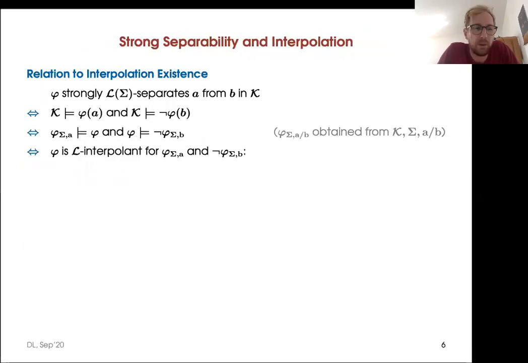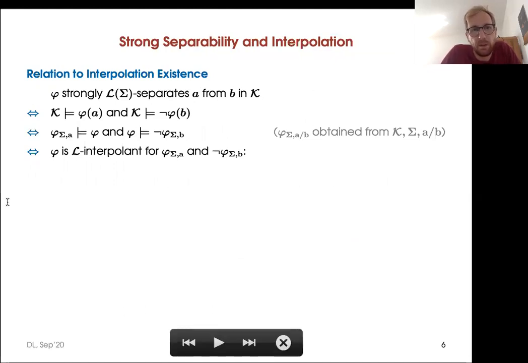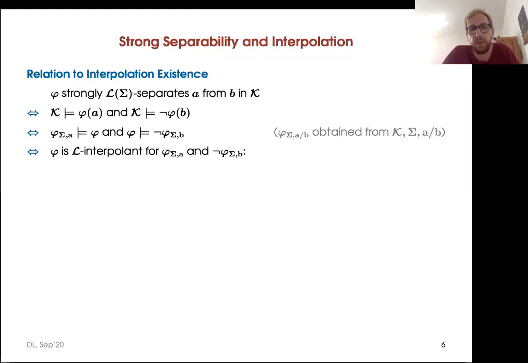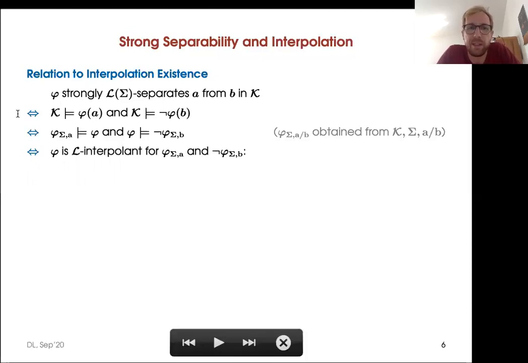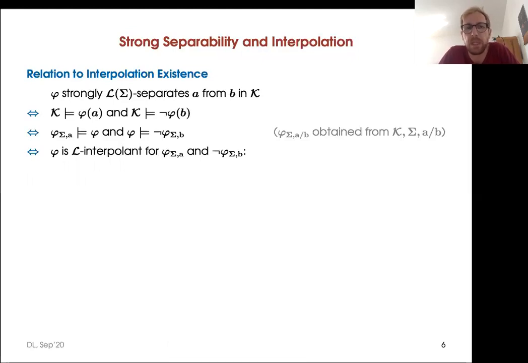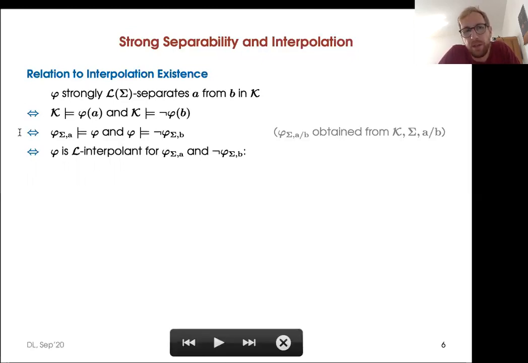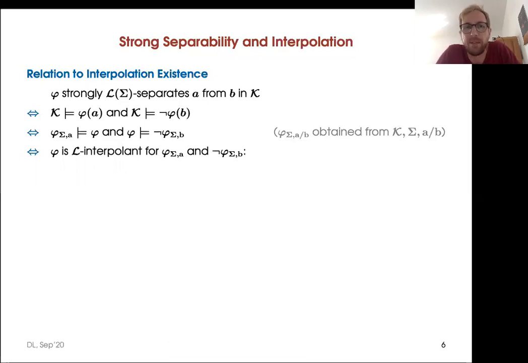Okay, then I also would like to talk about strong separability, and in this case, there's a relation to interpolation, and also this can be shown actually quite easily. So if we have some formula and a knowledge base, then the formula phi strongly separates A and B in this knowledge base. Well, this is just a definition. K implies phi of A and K implies not phi of B. You can rewrite this a little bit by just rewriting the knowledge base as a first order formula and make A a free variable.